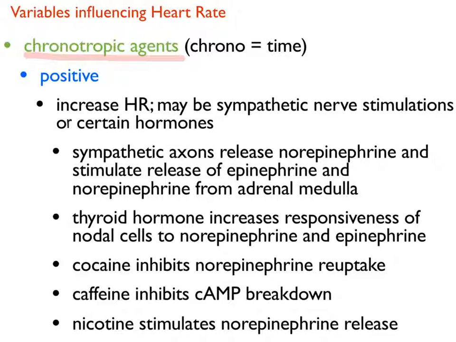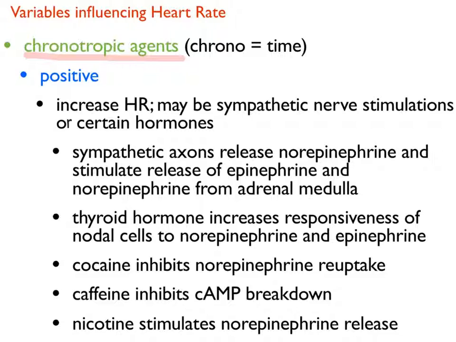Some hormones, thyroid hormone is a very important one. This one increases responsiveness of your nodal cells to norepinephrine and epinephrine. And then some chemicals, okay, these are not hormones, the last three, but they're chemicals that are going to have an effect on the heart rate. Some examples used here are cocaine, caffeine, and nicotine, which all increase heart rate.